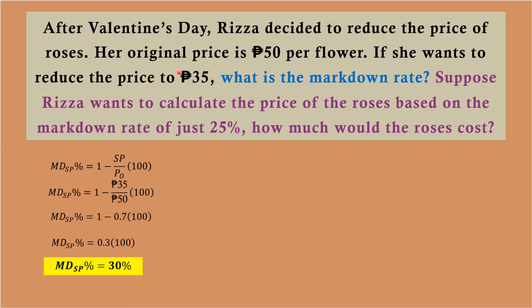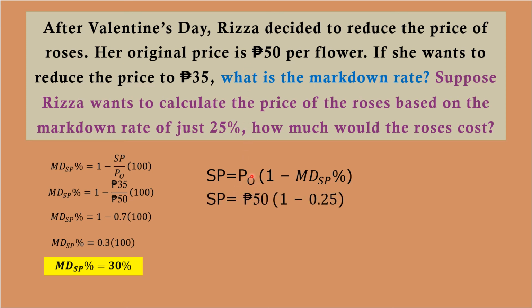Next, let's proceed to how much will be the roses after putting a markdown. Okay, so we'll be using this formula. Selling price is equal to the original price times the quantity of 1 minus the markdown rate based on the selling price. And then we substitute the given values.